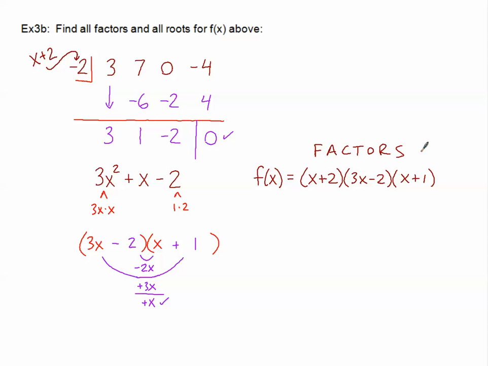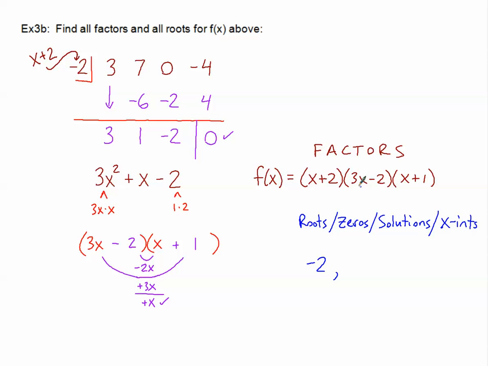If I wanted to find my zeros or my roots or my solutions or my x-intercepts, remember there's 4 names for all of these things. I know that this first factor would correspond to a -2.